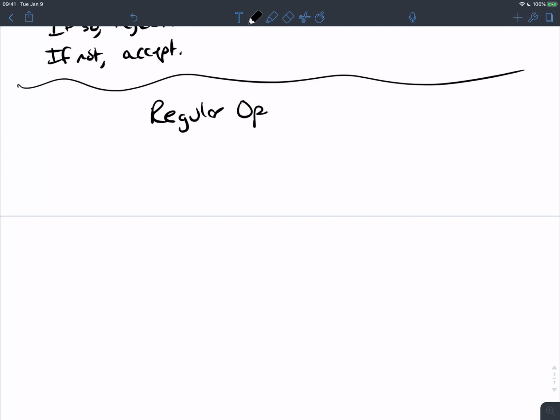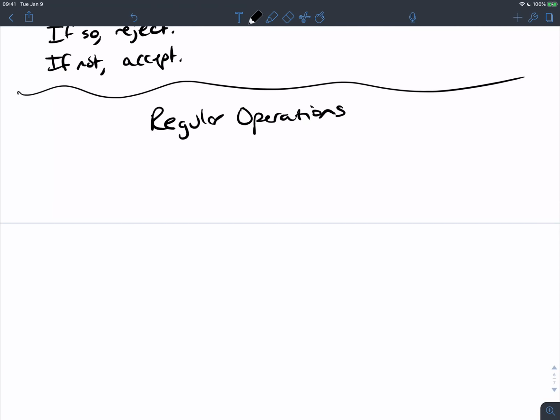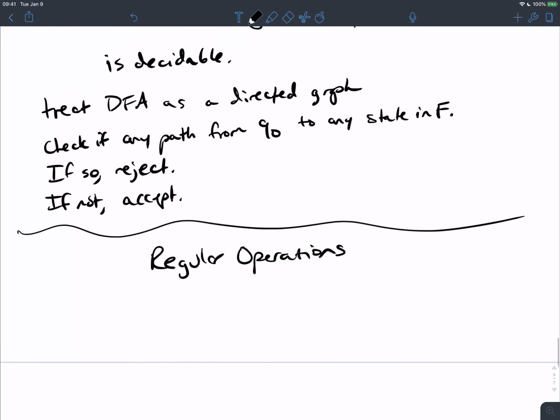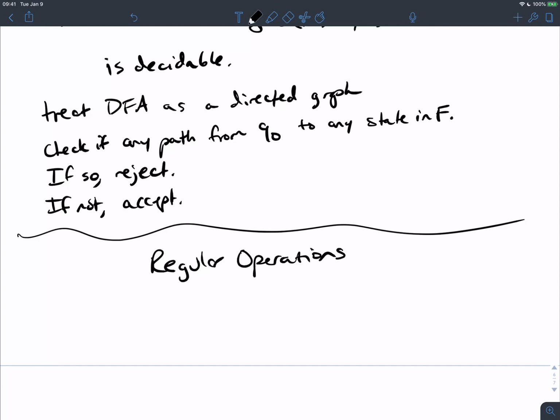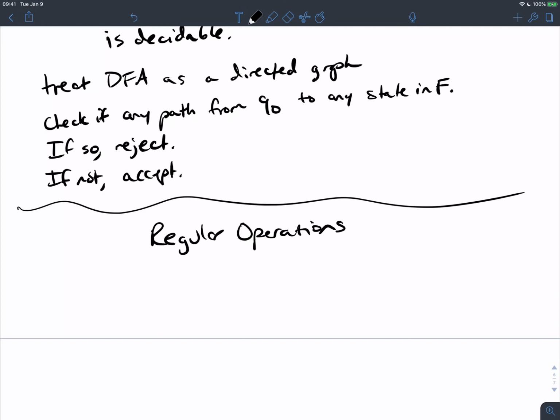So what we're going to talk about are regular operations. The word regular here, I think we're going to use in 4 different ways. The regular here does not mean regular language. It just means the term regular in literature means some kind of pattern that repeats over and over.